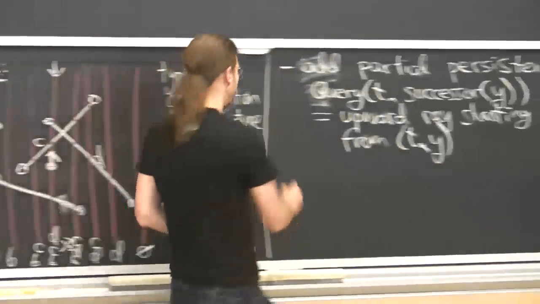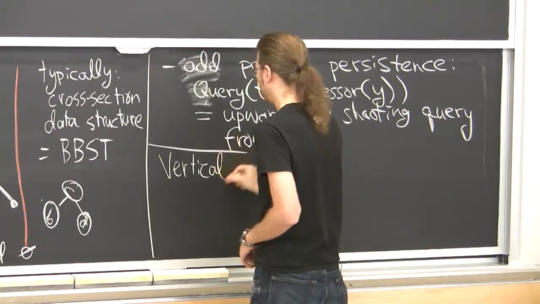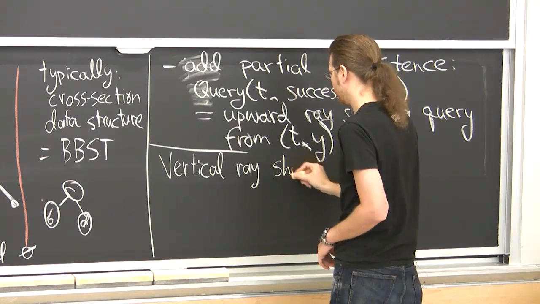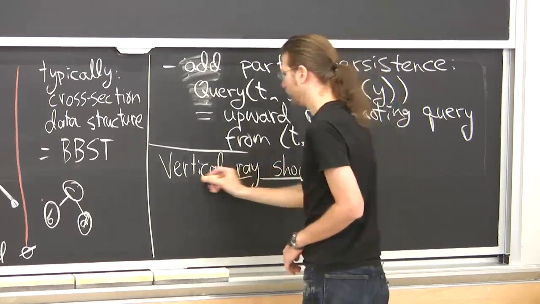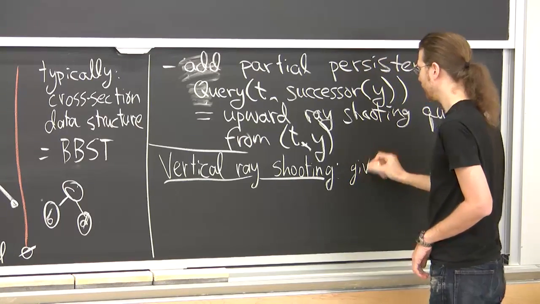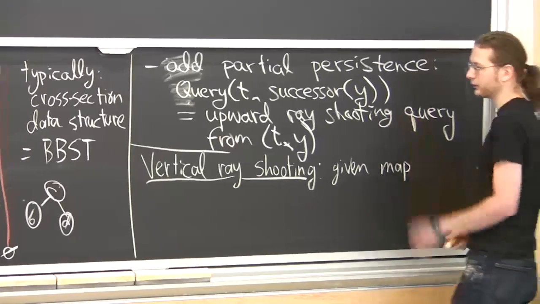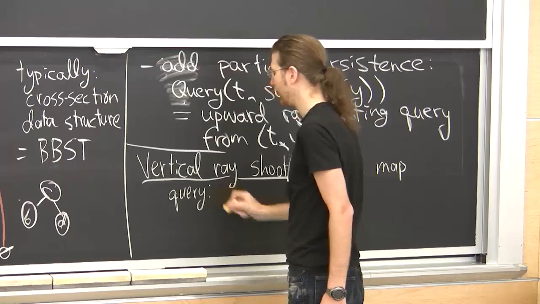And this is from a problem called vertical ray shooting, which is more or less equivalent to planar point location. So vertical ray shooting, again, you're given a planar map, and the queries are like this: what is the first segment that you hit with an upward ray?